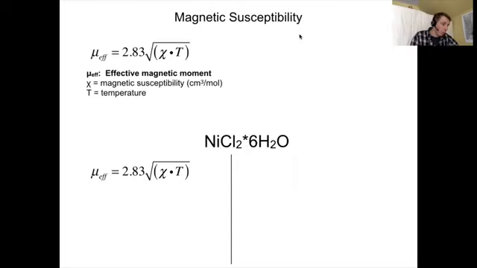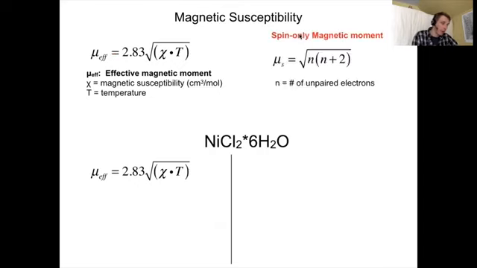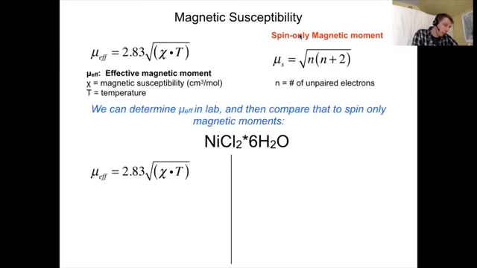So when we get our results in lab, you should have a calculation of what your effective magnetic moment is. This value is what we are going to then compare to our spin-only magnetic moment. In the example where we walked through the calculation in the other videos, we were looking at nickel chloride hexahydrate, and we can then compare the two.